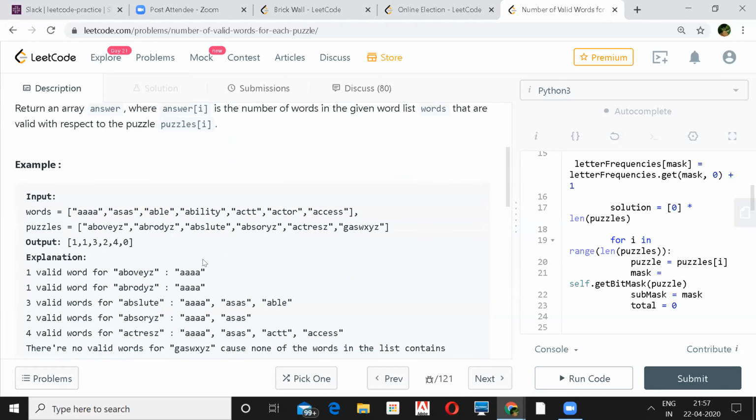So the brute force is just like you mentioned, go one by one and check it. We keep a list of sets of characters, of puzzles or words.